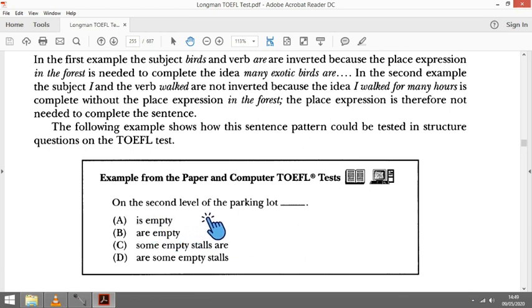On the second level of the parking lot, it's not the subject. We learned this back in skill 2: object of a preposition. So here we need the verb directly, then the subject.